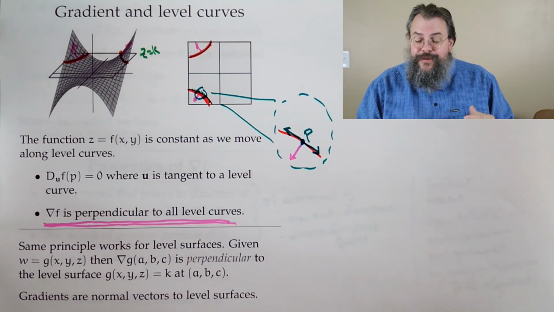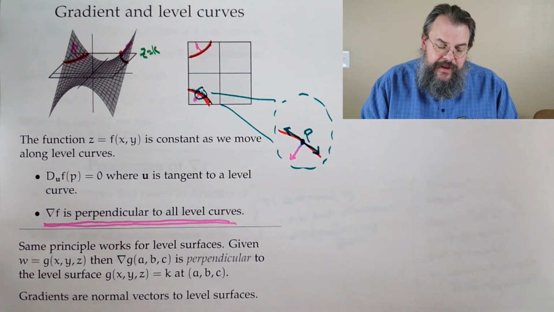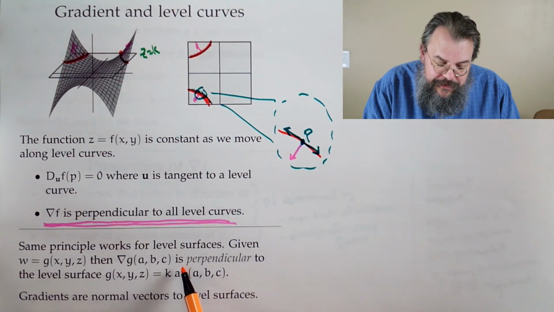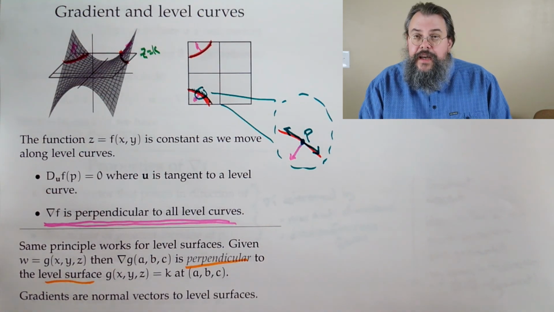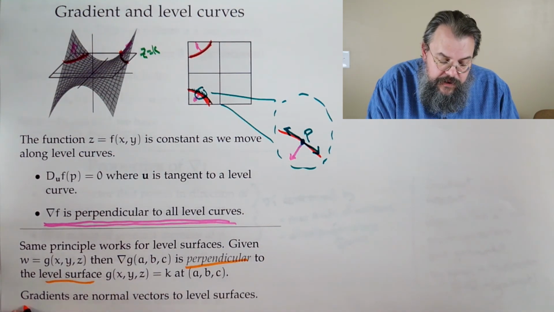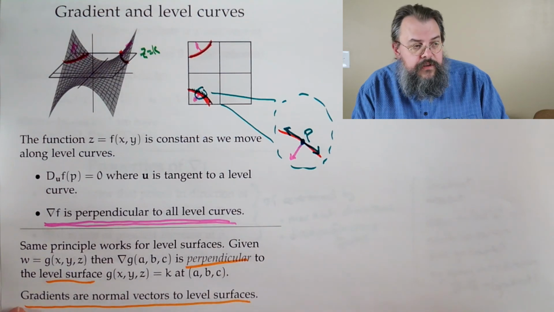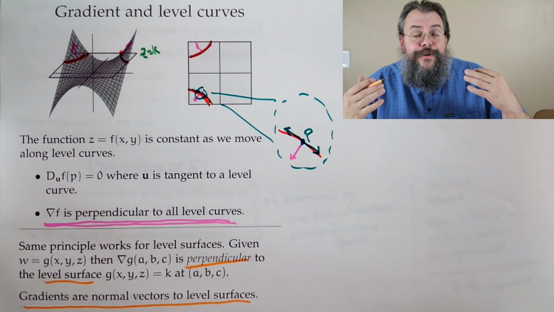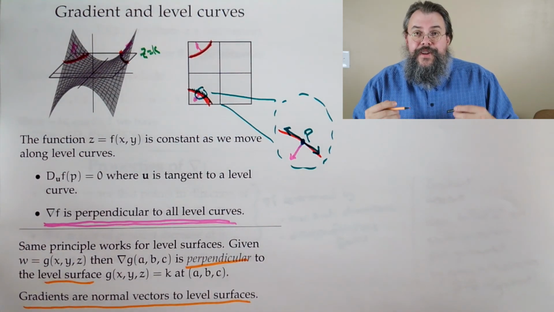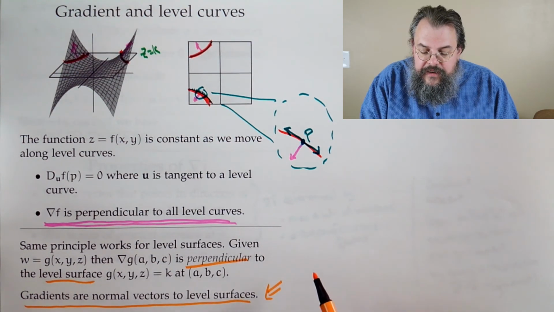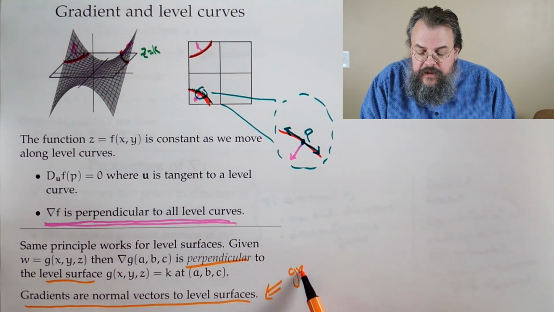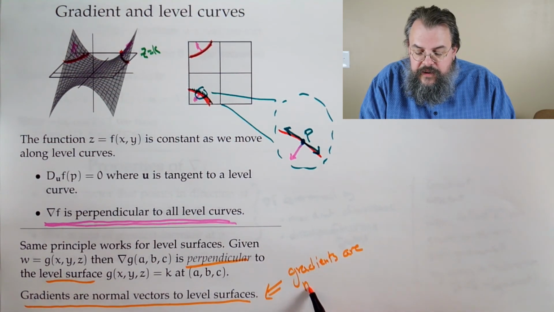So why is this cool? Well, you have a perpendicular to a surface. You say, all right, so why is that useful? Well, the moral is gradients are normal vectors to the level surface. And really what that says is, aha, the gradients are the normal vectors for tangent planes.